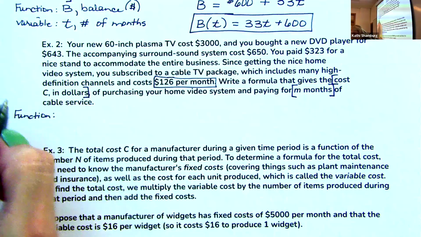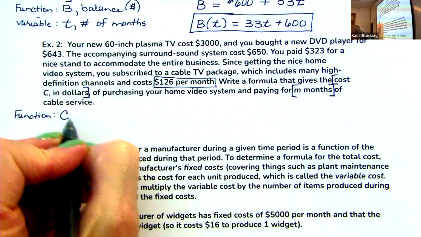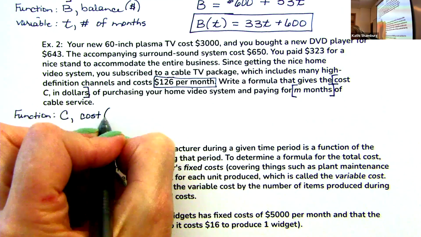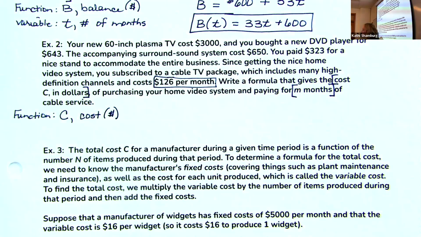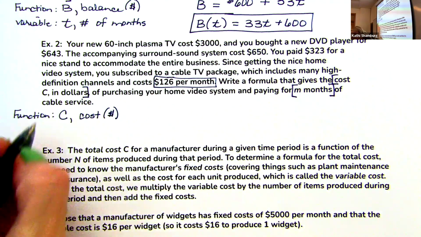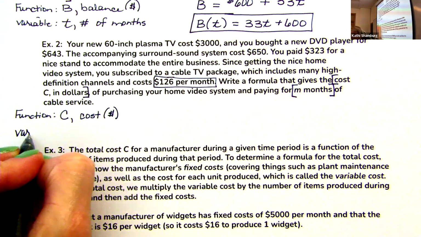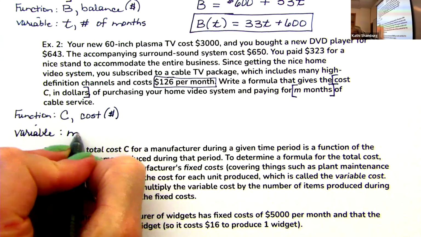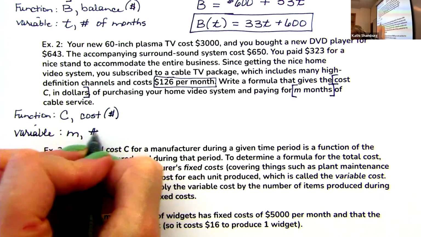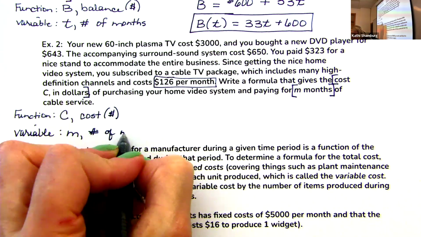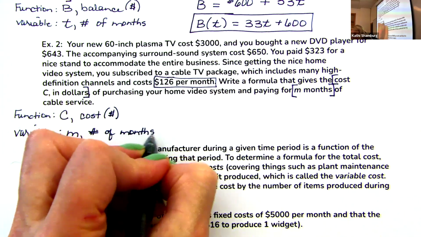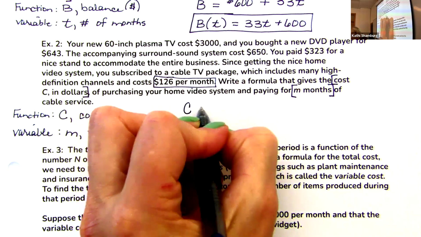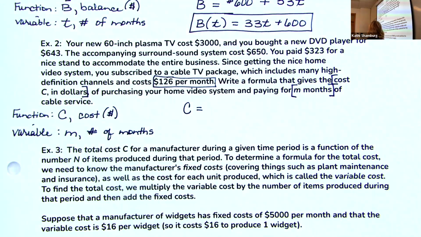So function is C, which is your cost in dollars. And your variable is M, number of months. All right, so we know we're going to have C equals, and then we're going to create that formula.